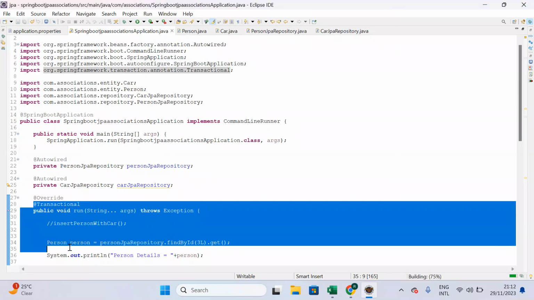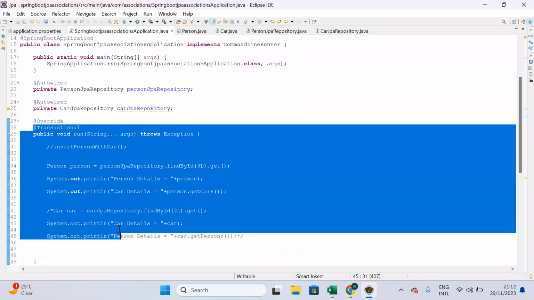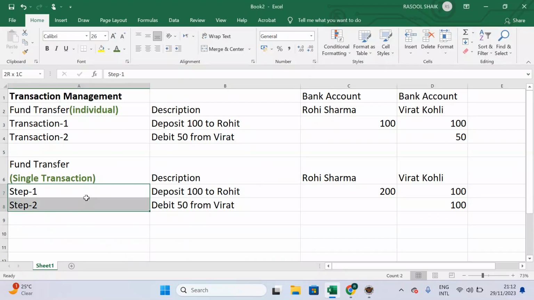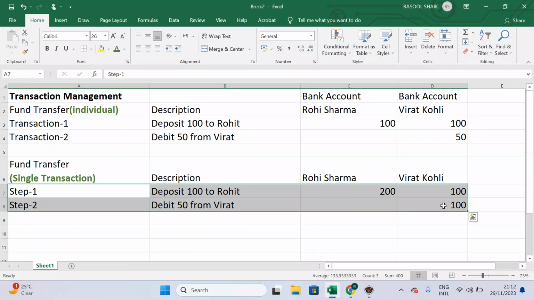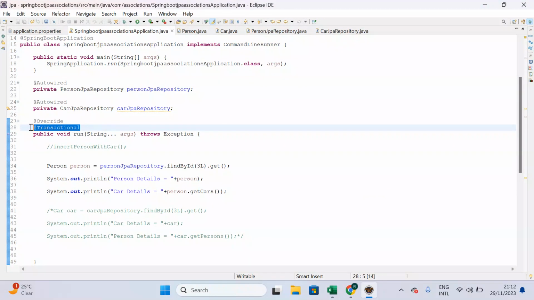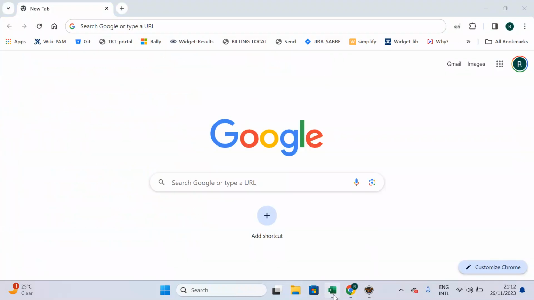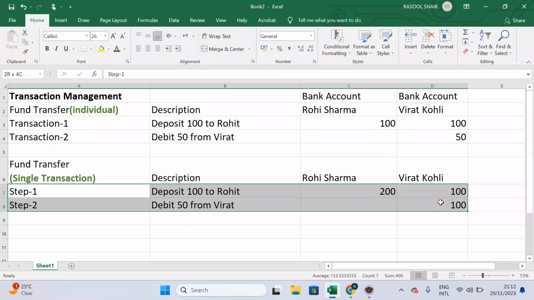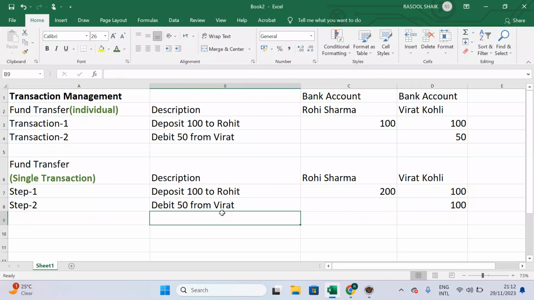If you declare it on the method in which you perform database operations, and you are performing two database operations, then both should fail or both should succeed. So that is how we resolve it with the help of the @Transactional annotation: both transactions should be successful or both should fail.